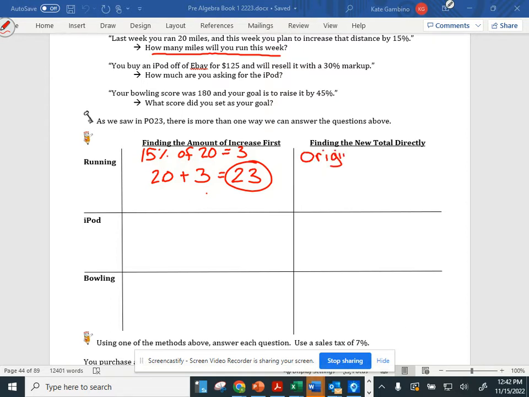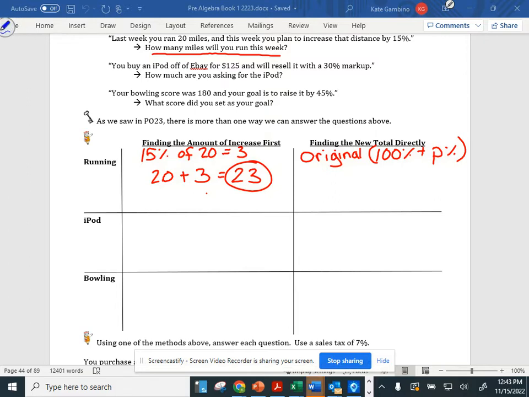We have the original amount times 100% plus the percent of that increase. So we're going to put our numbers into that formula.